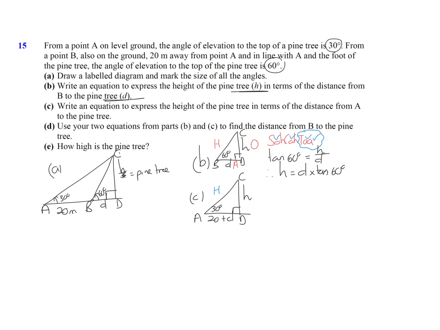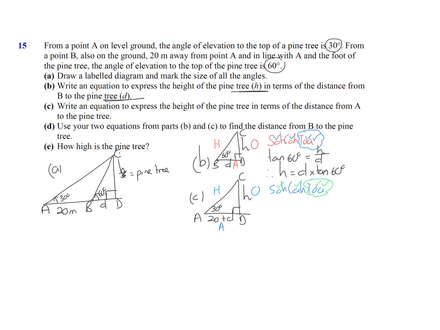So opposite that angle is h. Next to it is the adjacent. Write down SOH CAH TOA. And again, O and A is what's given. So I can tick O, tick A. Together it's tan.